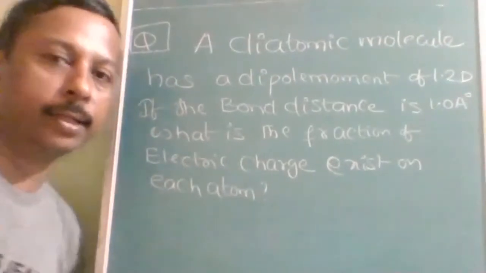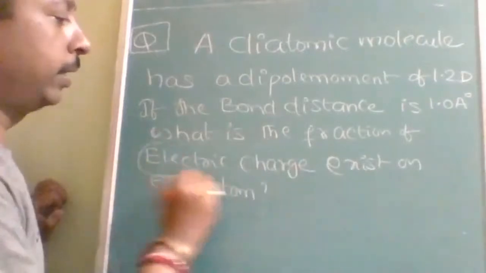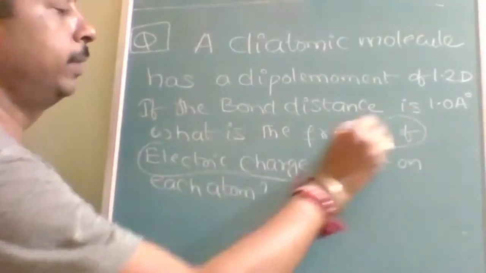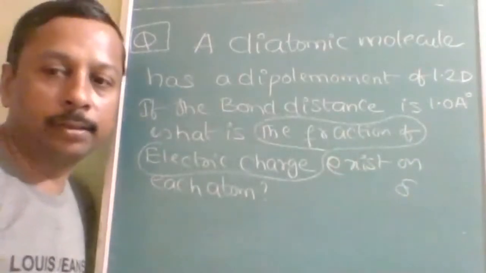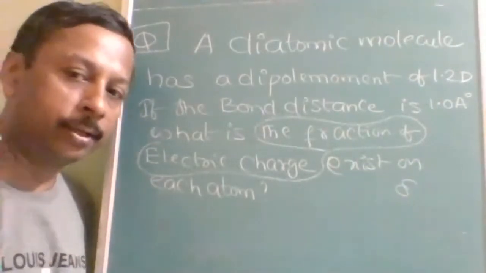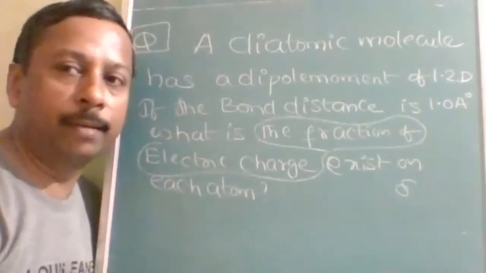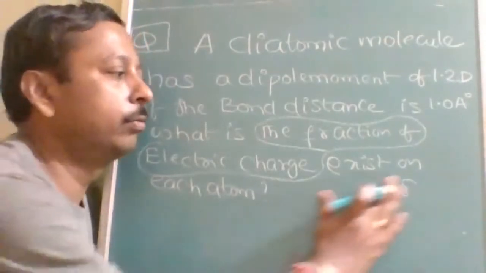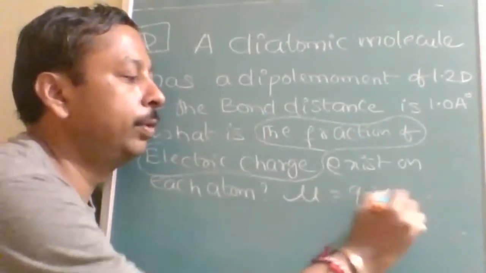Listen students, this fraction of electric charge we write as delta. Delta is not 1, or 2; it is a fraction, that means 1 upon something. That you have to find out. Simple: mu is equal to Q into d.